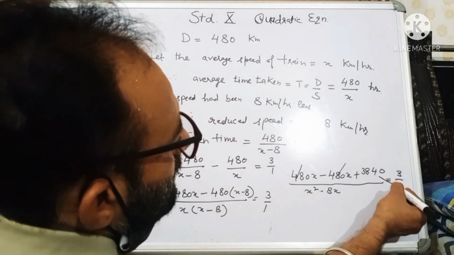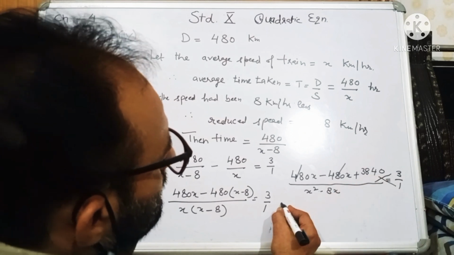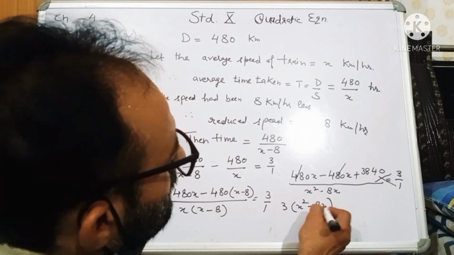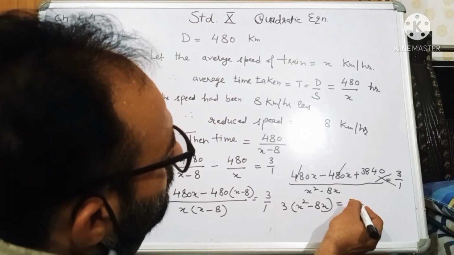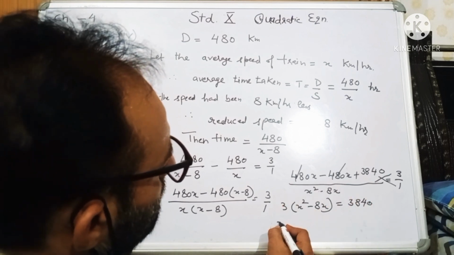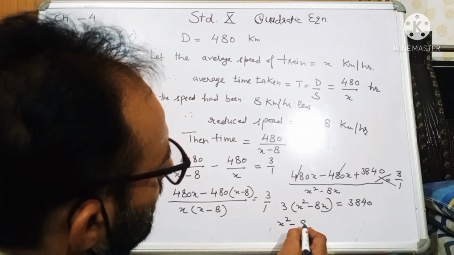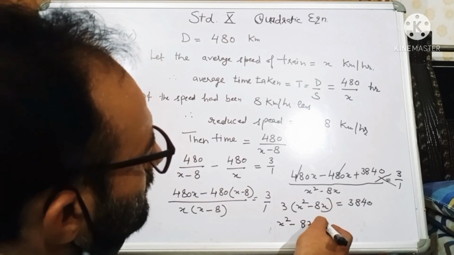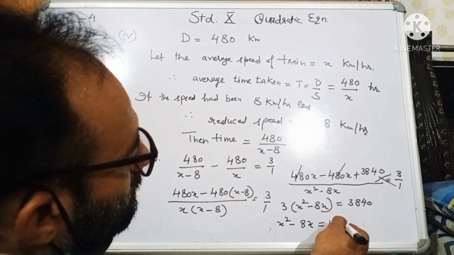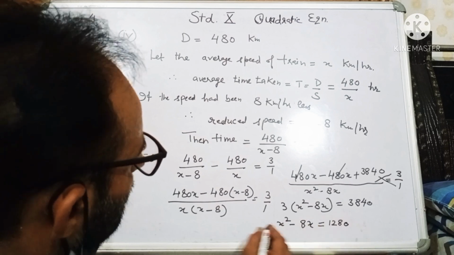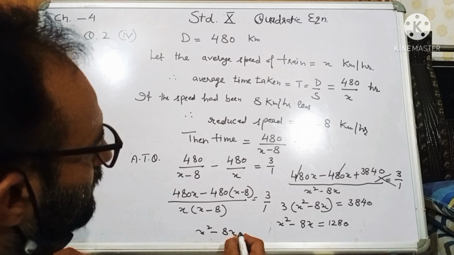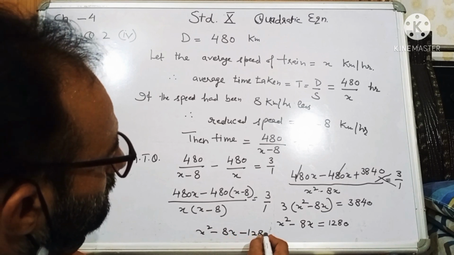Now we will cross multiply. 3 into x square minus 8x is equal to 3840. This 3 will be divided on the other side. x square minus 8x is equal to 1280, or you can write x square minus 8x minus 1280 is equal to 0.